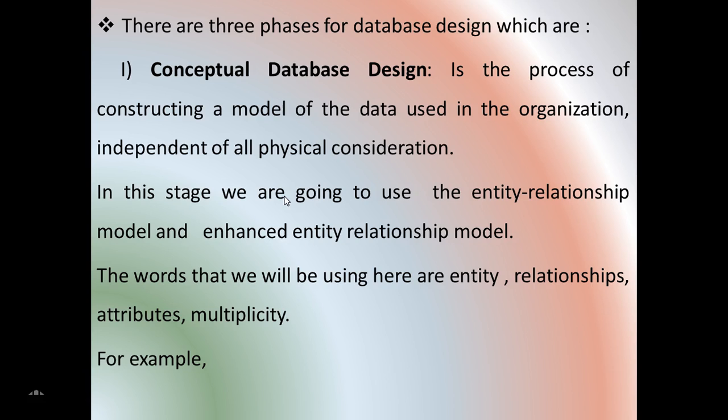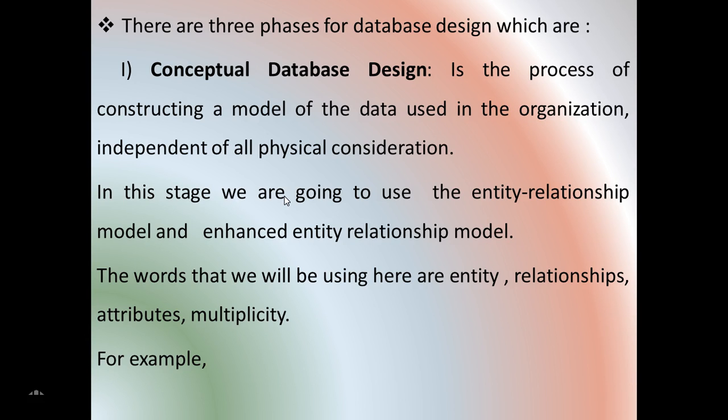The phases of a database design. There are three phases of a database design. The first one is called conceptual database design. Conceptual database design is the process of constructing a model of the data used in the organization independent of all physical considerations.